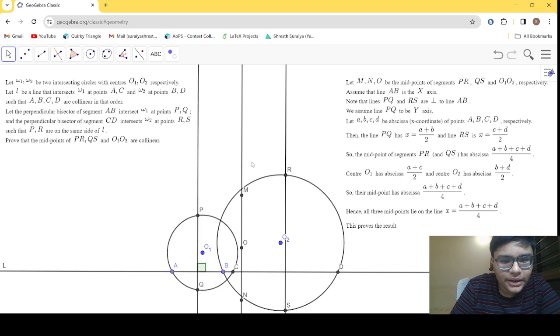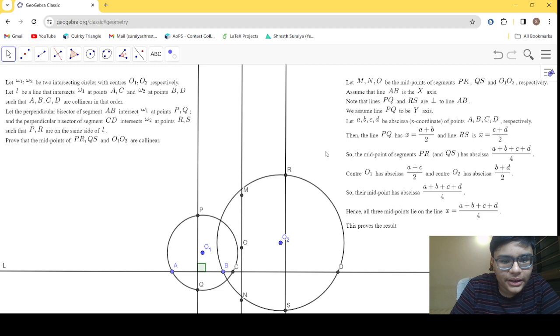You'll get the same answer. Or in fact, in general, you can choose any line that is parallel to either PQ or RS as your y-axis. Okay. So of course, suppose A has x coordinate small a, B has x coordinate small b, C has x coordinate small c, and D has x coordinate small d. And x coordinate is called abscissa.